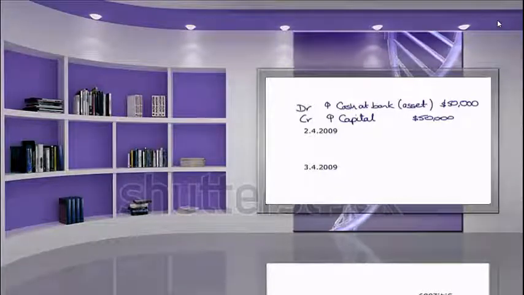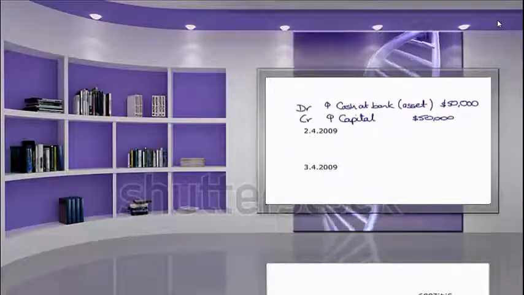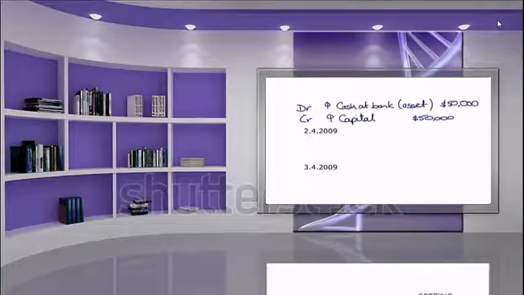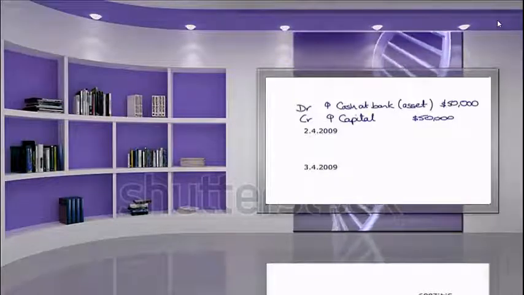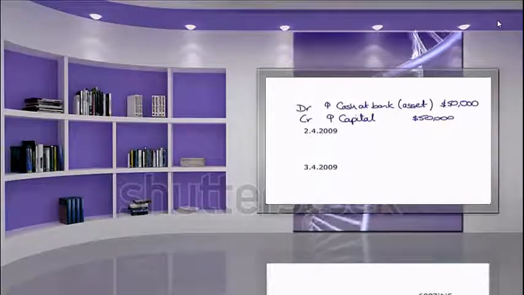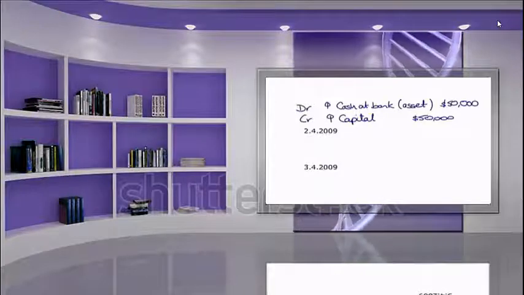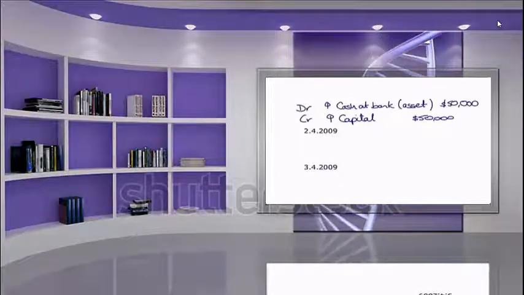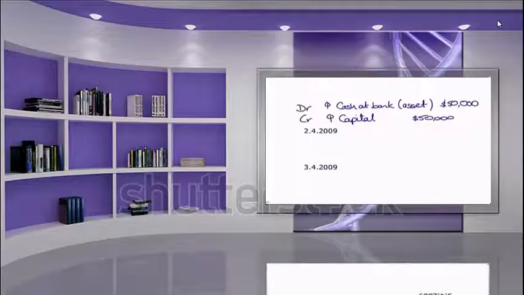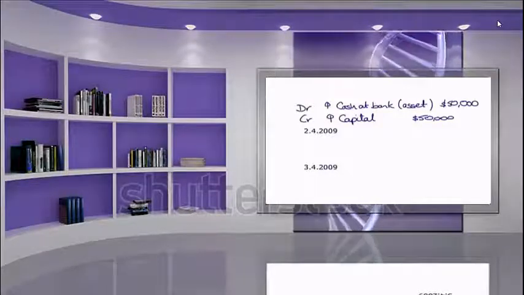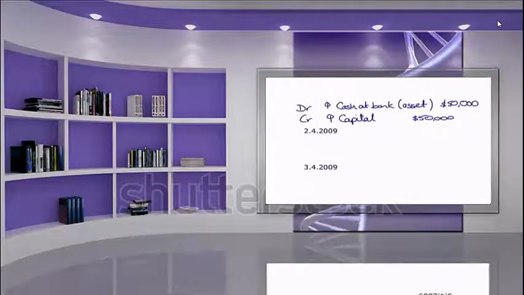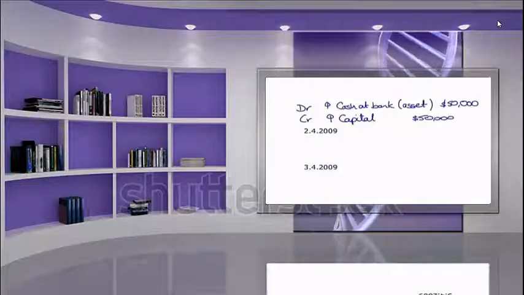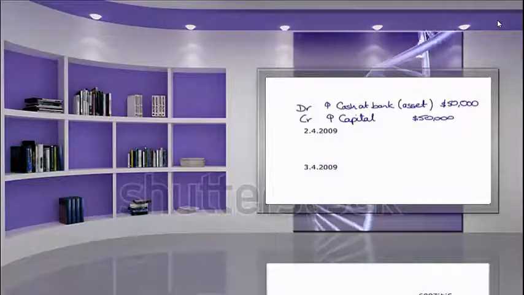Now, purchases appear in your statement of comprehensive income. They essentially reduce your profit. Okay? Purchases is an expense. So if you're purchasing goods to then resell to customers and make a sale out of, a purchase of goods is known as purchases and therefore is an expense.